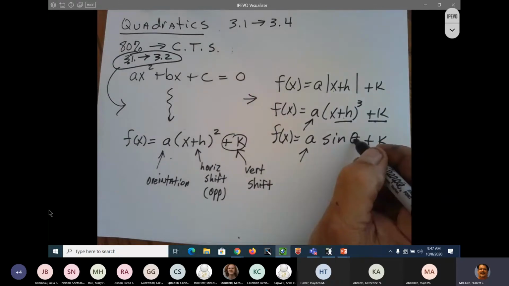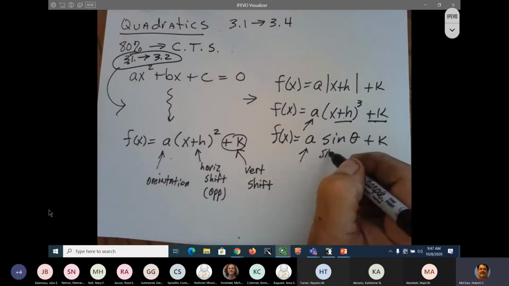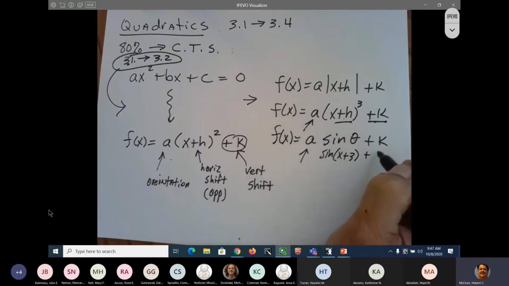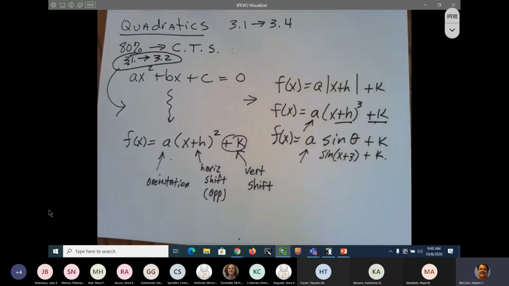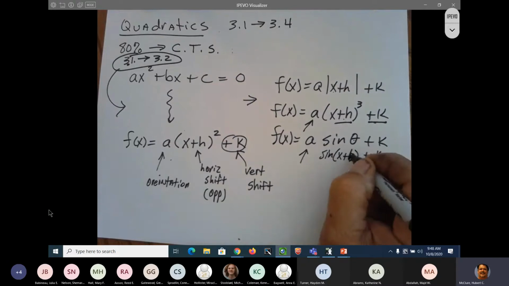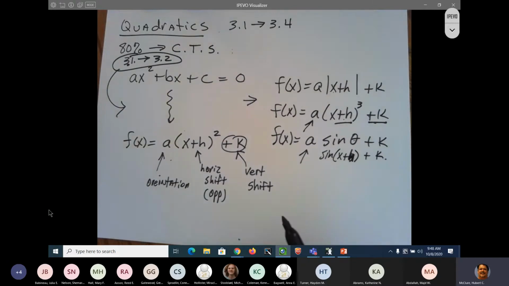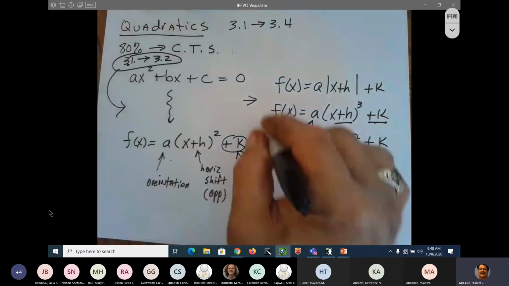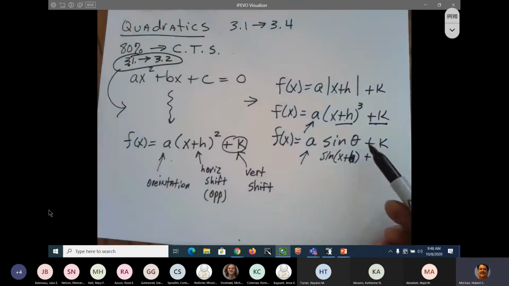You could have a vertical shift here, could be sine of x plus 3, plus k, x plus h. We're not going to do all this, but if you learn this, you can apply it to all your family graphs.